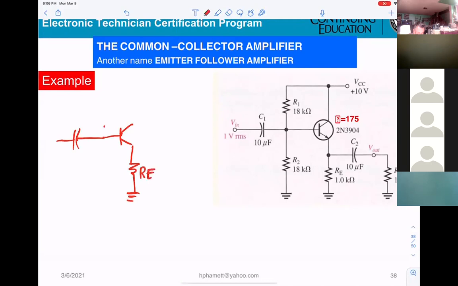Big E, V out, okay. My question is, if I want to calculate RE, what does RE equal?